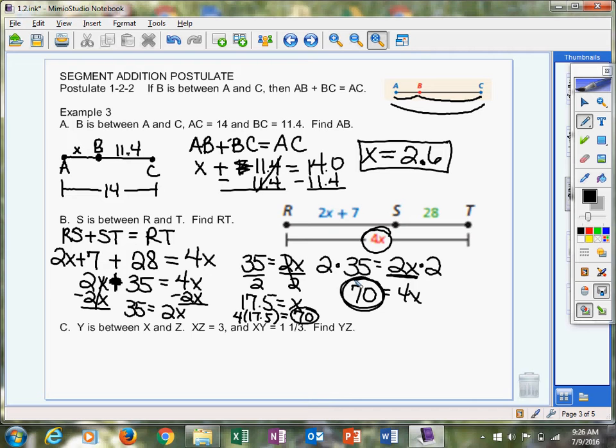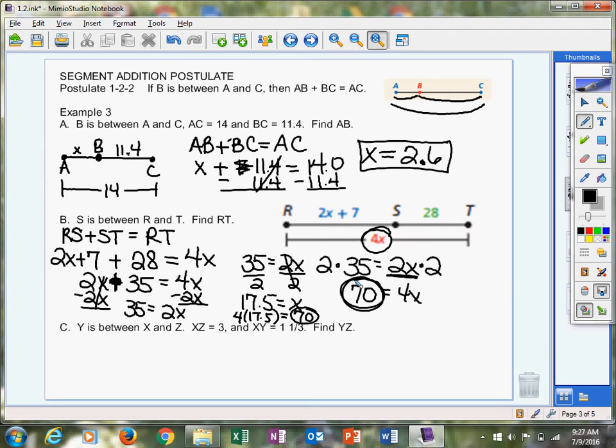If I was looking for x, then my answer would be 17.5, but I'm not. I'm looking for 4x, which is 70. Hopefully I wasn't trying to confuse anybody. If I did, I'm so sorry. Solve it however makes sense to you. You do not have to always do it the way that I do it. As long as we land on the same answer, we're good.